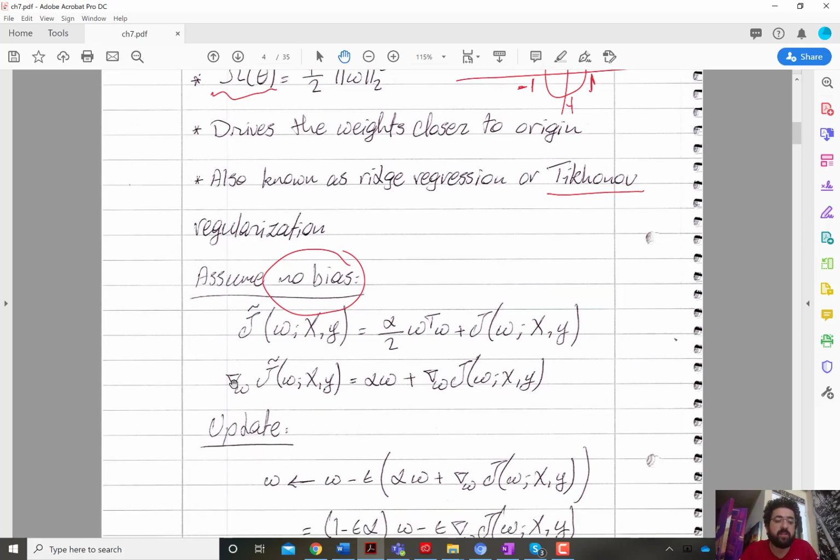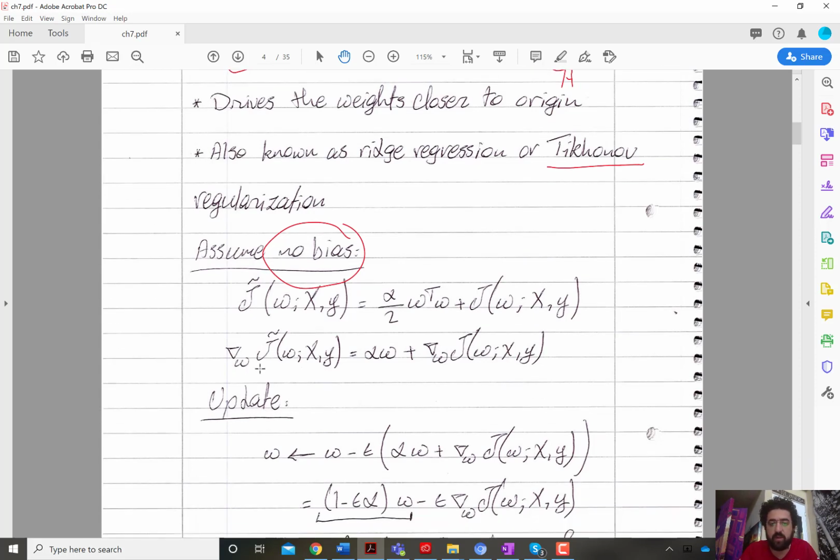Now, if I take the gradient with respect to omega, or W, however you like to call it, it's the same as the gradient with respect to omega of the original cost function plus 2 omega times alpha over 2, which is alpha omega.